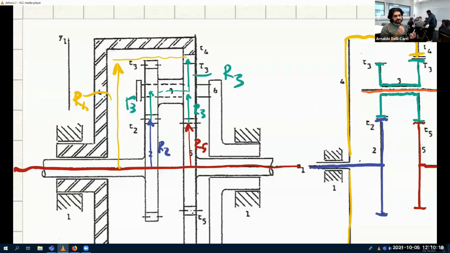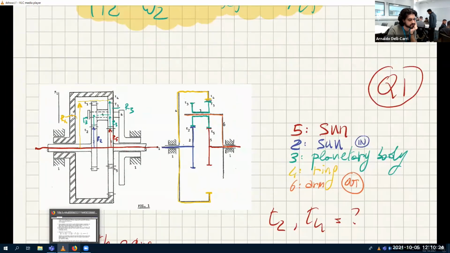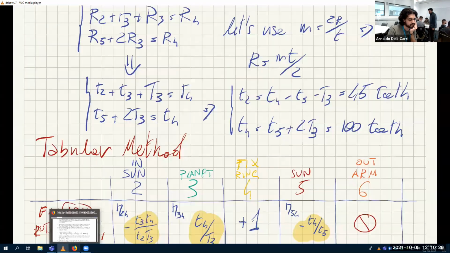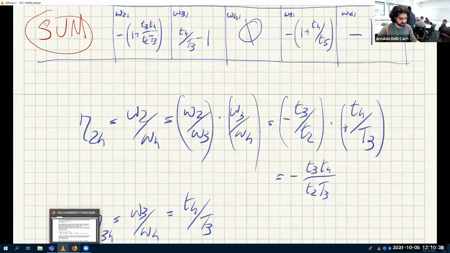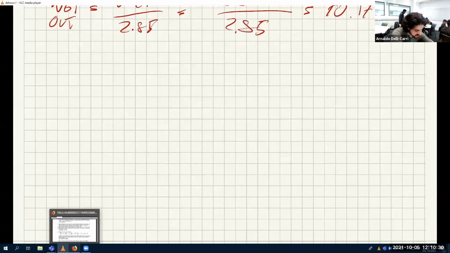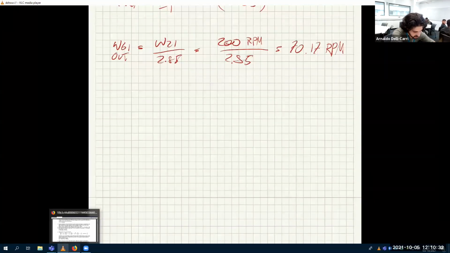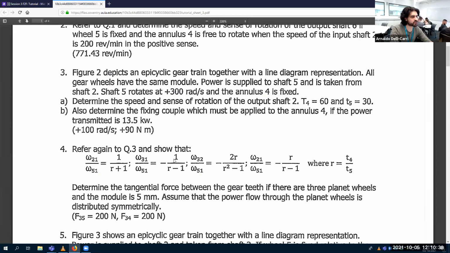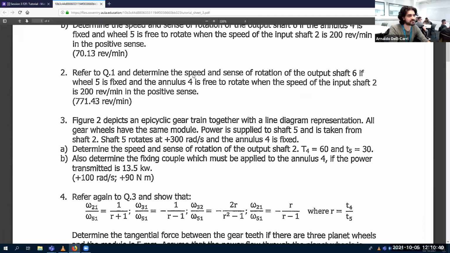Okay, guys, I think it's time we resume. Now this is question 2. I don't want to solve question 2, not because I'm scared of it, but because it's very easy.